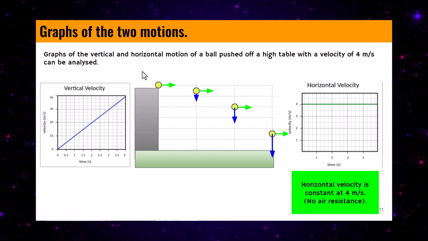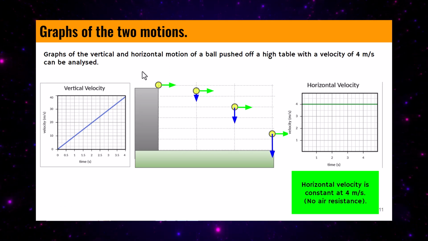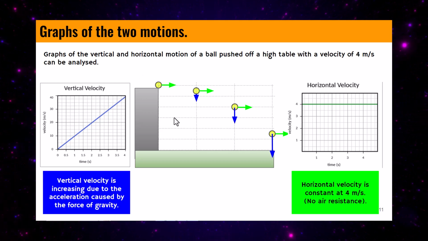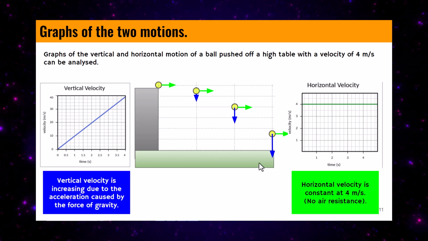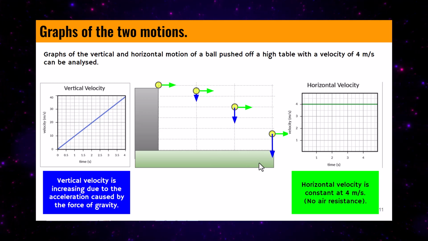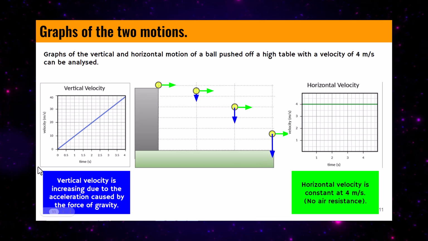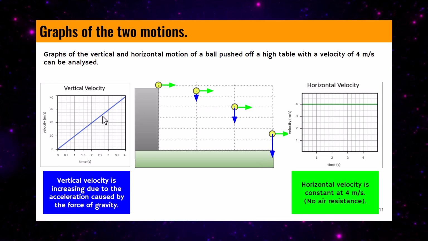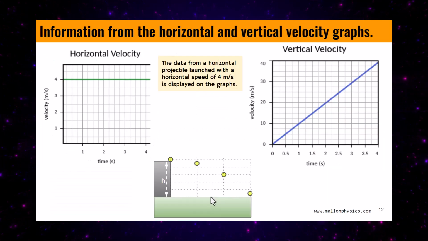If you worked out the acceleration of that graph, you would get an acceleration of 9.8 meters per second every second. So the vertical velocity is increasing due to the acceleration caused by the force of gravity, and you can see from that graph that it's a straight line through the origin as the velocity increases due to the acceleration of gravity.